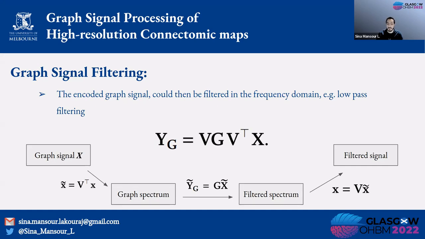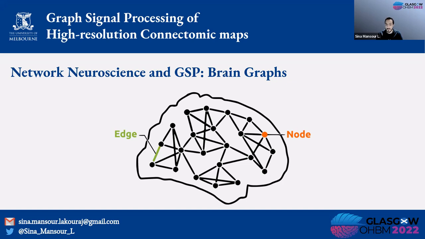We could then filter this spectrum to select only specific frequencies of it, or use a weighted measure to indicate how much of different frequencies we would like to keep. And once we have filtered this spectrum, we would apply the inverse graph Fourier transform to build the filtered signal again.